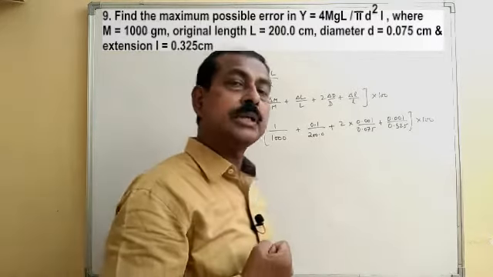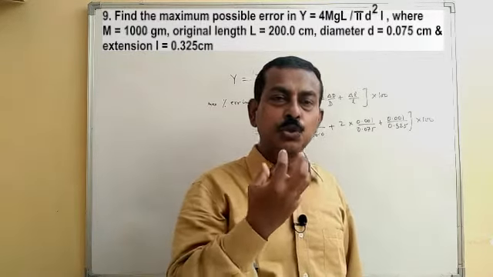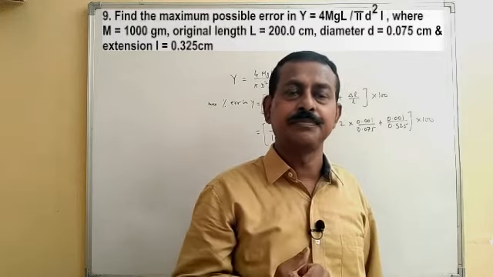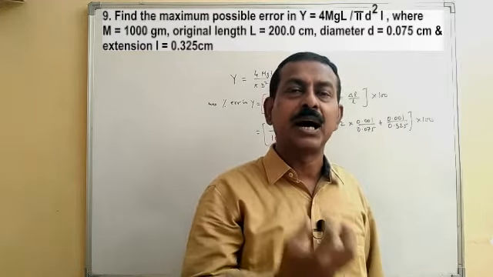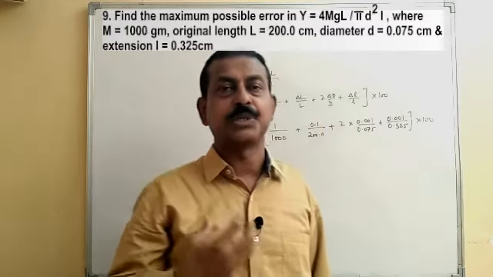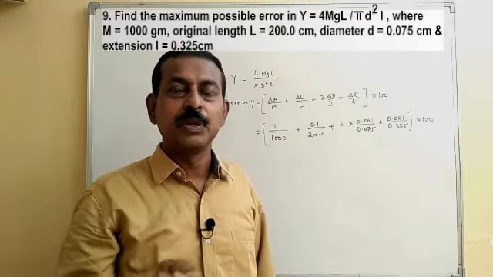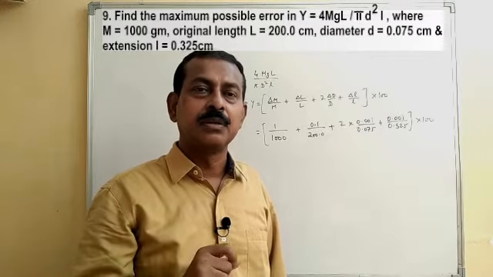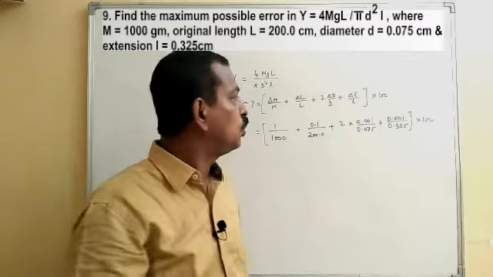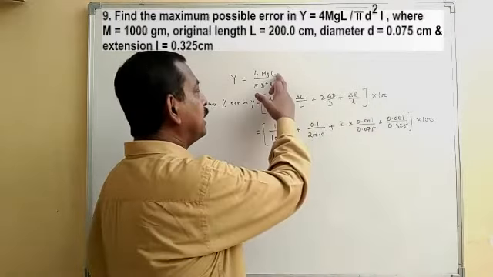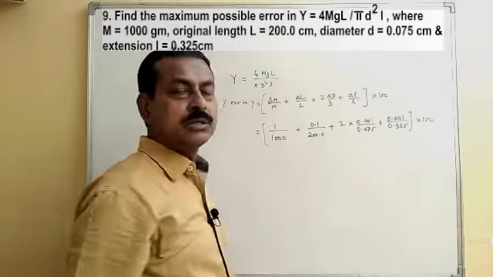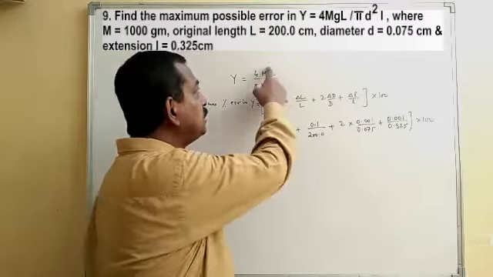But when you are doing the experiment, you attach the slotted weights, 1 kg, half kg, 1.5 kg, 2 kg. You are not measuring that. You are only measuring the original length, the diameter, and the extension. Even g, we are not measuring.